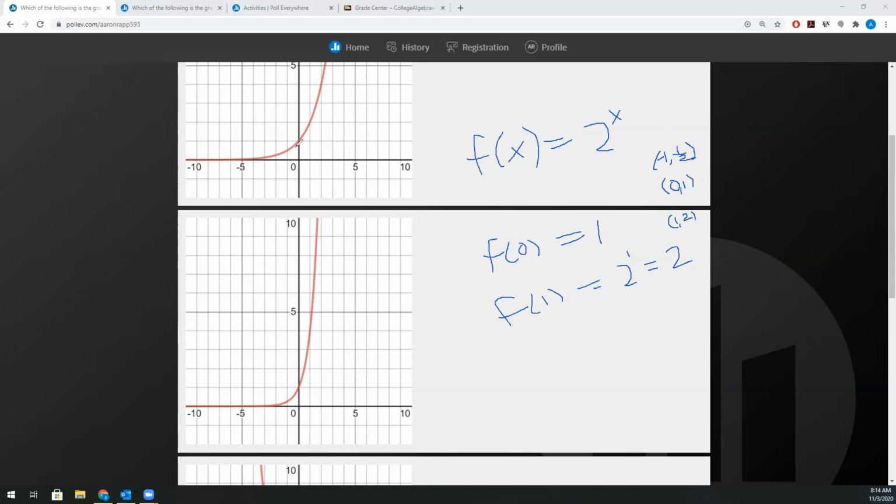So that'd be another point we go through, and again, you see right here, this top graph does. Didn't perfectly circle it, but it does go through that point (-1, 1/2). Okay? So that's why it's that top graph.